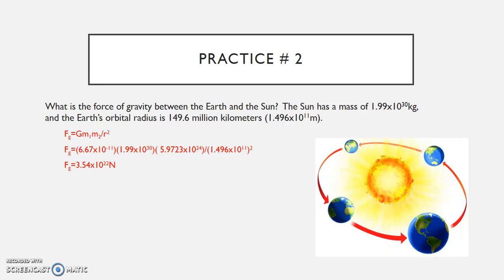So again, we look at the same equation that we were talking about. We add that gravitational constant, add in the numbers that are given in our problem, divide by the radius of that orbit around the Sun, and you should get the gravitational force is 3.54 times 10 to the 22nd newtons.